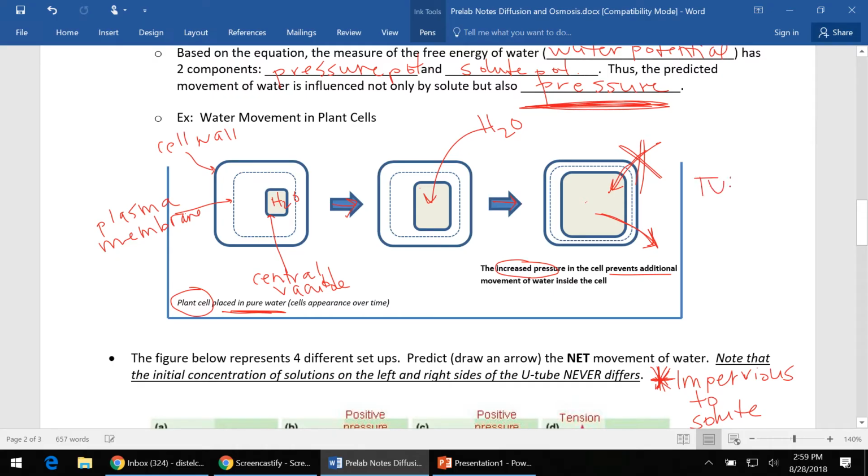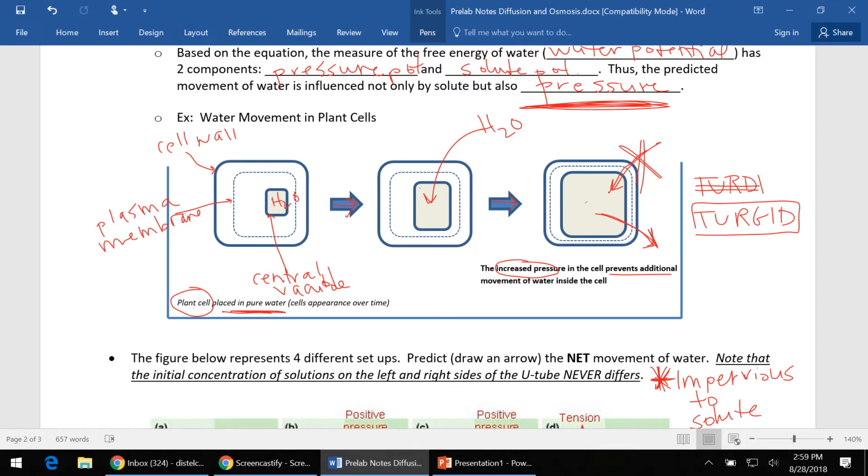So we can describe this last cell as being, spelling it wrong, turgid. It's got a lot of pressure inside, which is causing the water to go in the opposite direction. So what I wanted to say about this picture is that by moving, water can perform work.